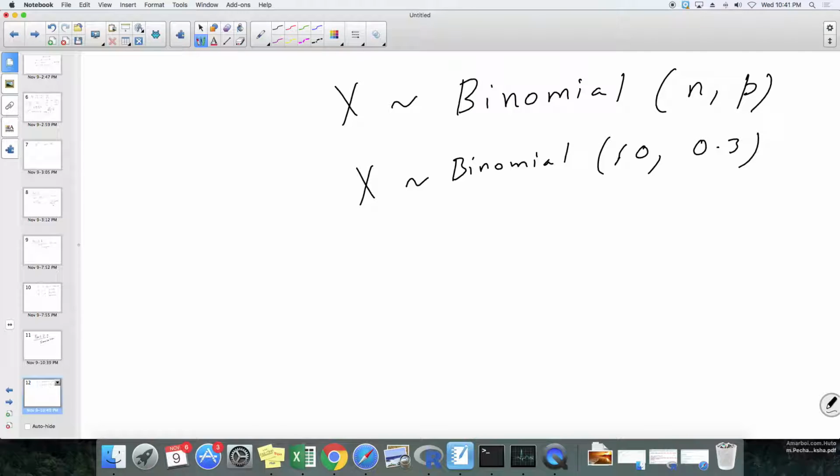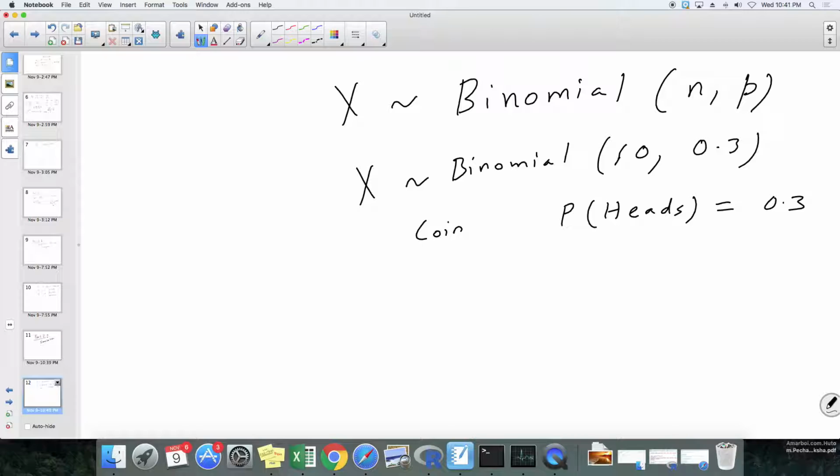So if we remember our binomial correctly, then this is something like saying there's a coin for which the probability of heads is 0.3, that is 30%.